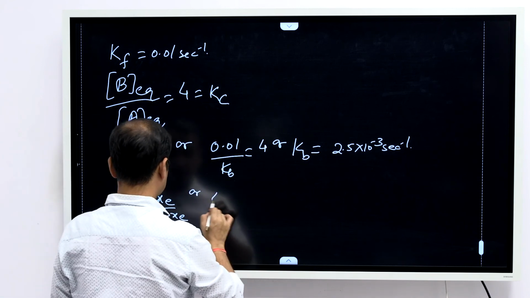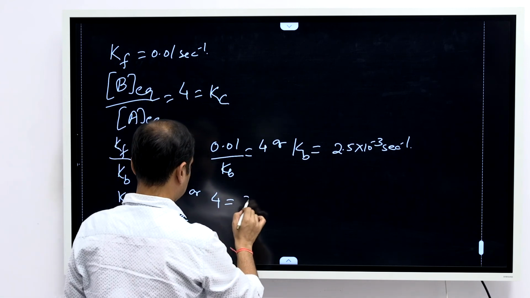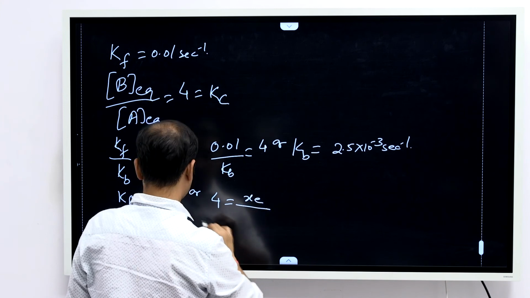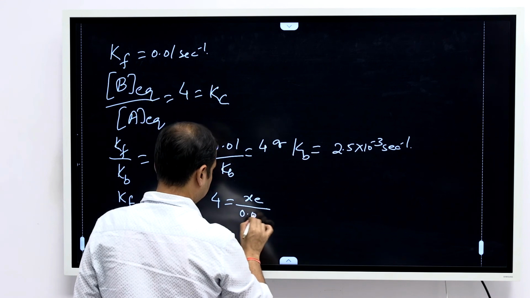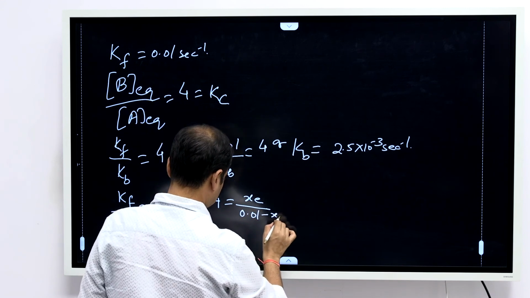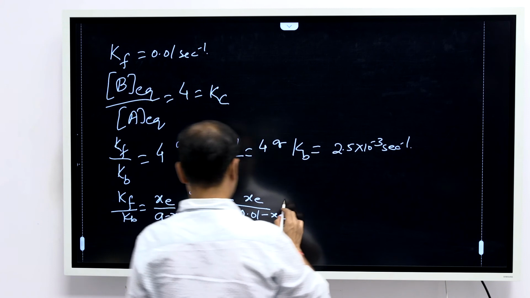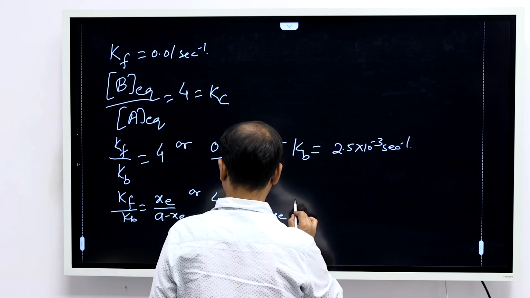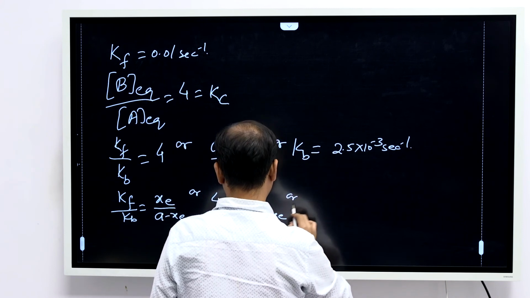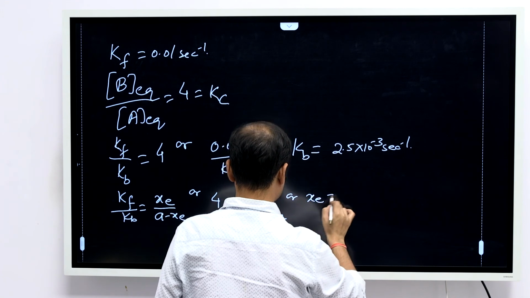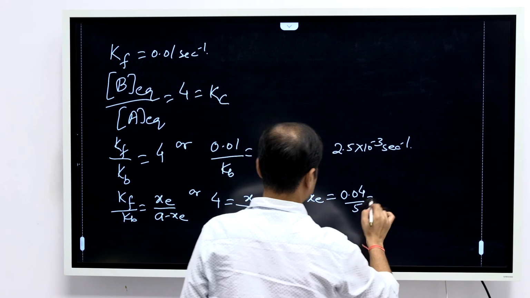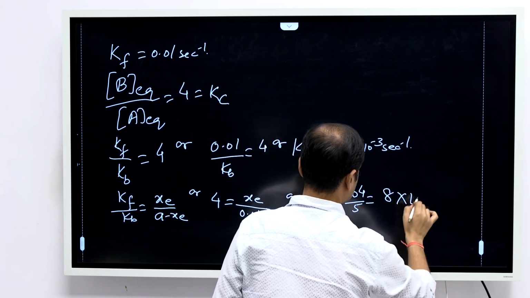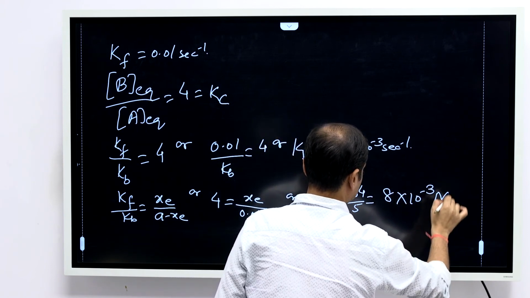So Kf upon Kb is equal to 4 and Xe we don't know, we know the value of A. Initial concentration of A is 0.01 minus Xe. So we have here Xe is equal to 0.04 by 5. So we will get here 8 into 10 to the power minus 3 molar.